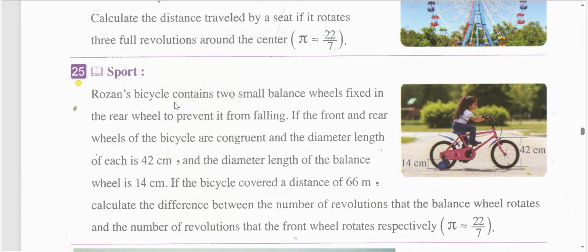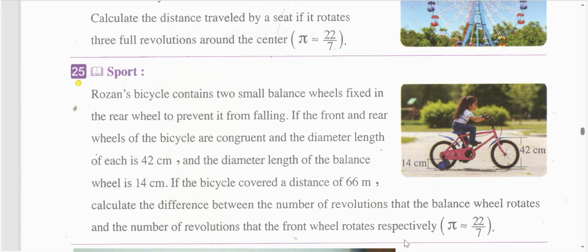Question. A bicycle contains two small wheels fixed in the rear wheel to prevent it from falling. We have two like this, two congruent circles up and down, and here a small bicycle. 14 centimeter is the diameter of it. If the bicycle covers a distance of 66 meter, calculate the difference between the number of revolutions that the rear wheel rotates and the number of rotations that the front wheel rotates respectively.